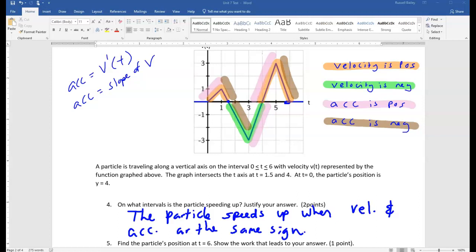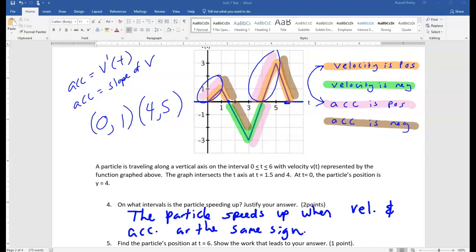So I'm looking for where, let's start with they're both positive. That's orange and pink. That would be like right here. So from 0 to 1. And here, which is 4 to 5. That's the only two places where I can see orange and pink together. Now, we could also have both negative.